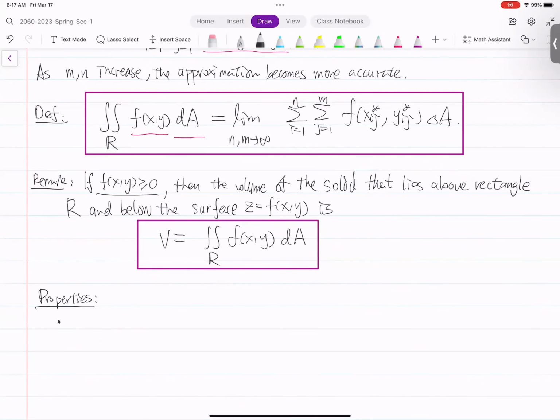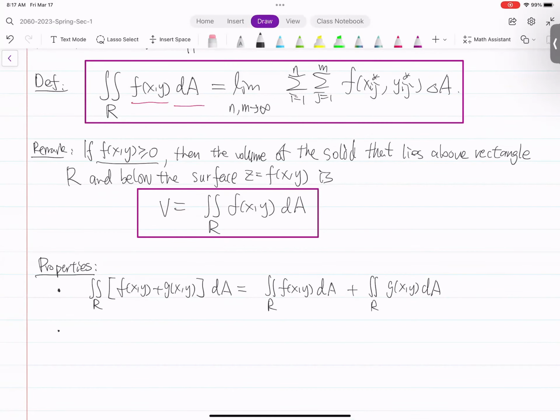So the integral properties. If you have the double integral over the region R of a sum of functions, similar to Calc 1, the integral of a sum of functions is just going to be the sum of the individual integrals. And then if you have a scalar multiplication, that scalar can be pulled out.